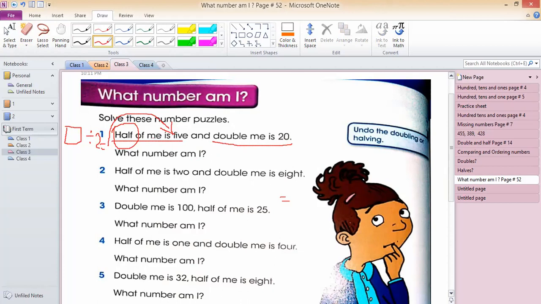There is a number whose half is 5. What is that number? So in order to find out that number, what you can do, guys? Instead of half, do opposite. Find out double.